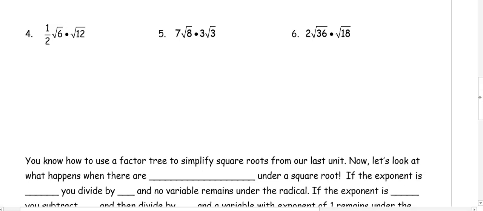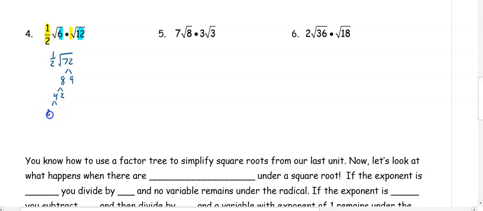Number 4, when we multiply on the outside, we have a 1/2 and a 1, and on the inside we have 6 times 12. So when we multiply those together, that gets us 1/2 the square root of 72. Now, 72 is not a perfect square, so we're going to need to break that down. Two numbers that multiply to 72 are 8 and 9. Two numbers that multiply to 8 are 4 and 2.